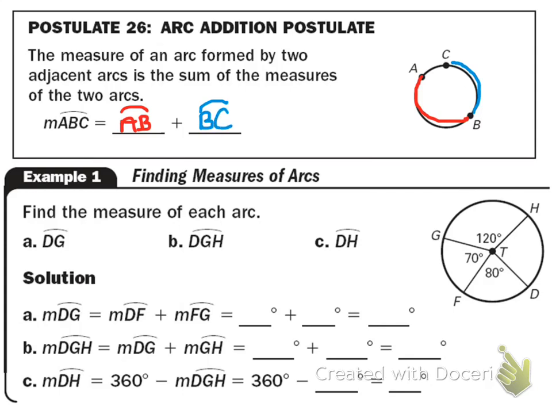So, sometimes you may have to add two or more arcs together to find the measure of the arc that you're looking for. Well, let's look at a couple of examples.